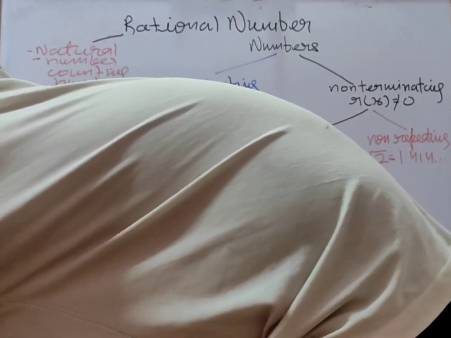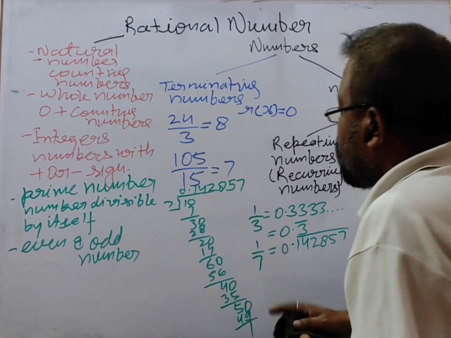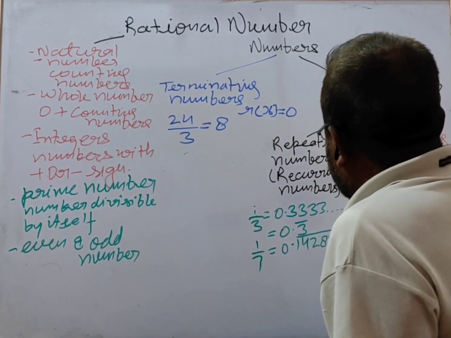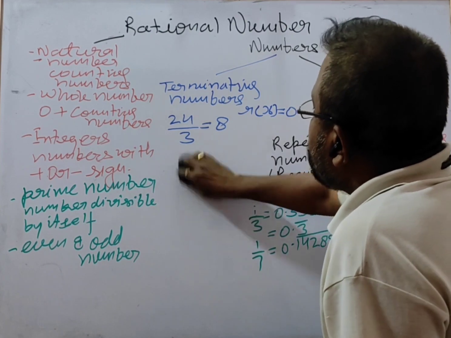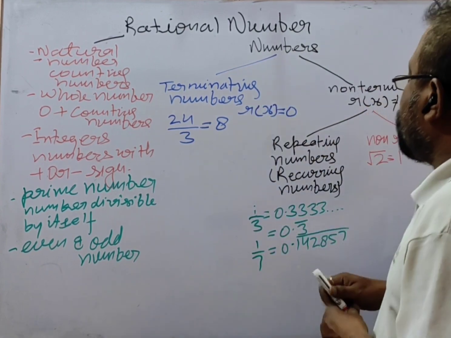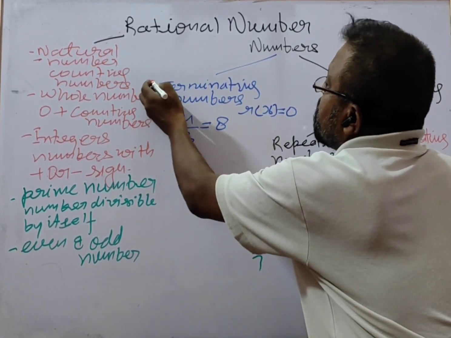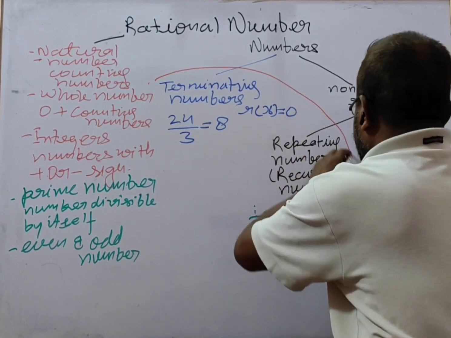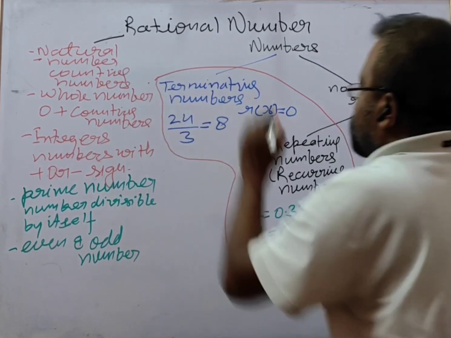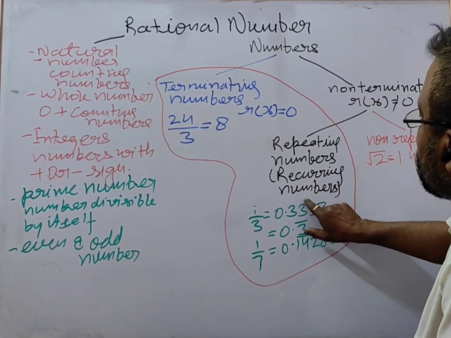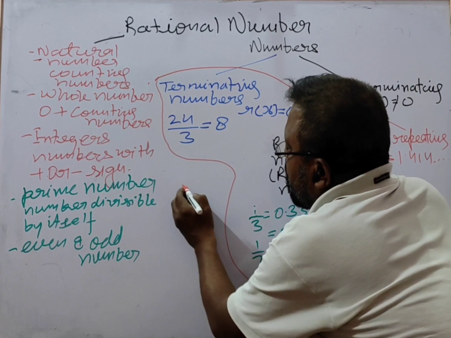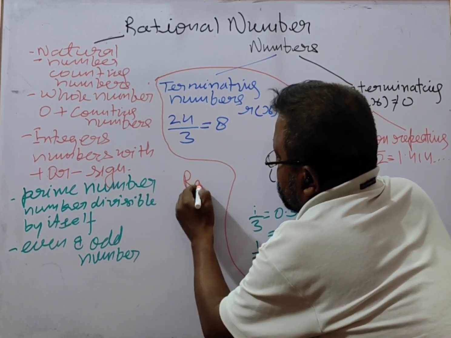So these are the types of numbers we have. If I rub all this, then you see, terminating numbers and recurring numbers, these non-terminating repeating numbers and terminating numbers are known as rational numbers, right?